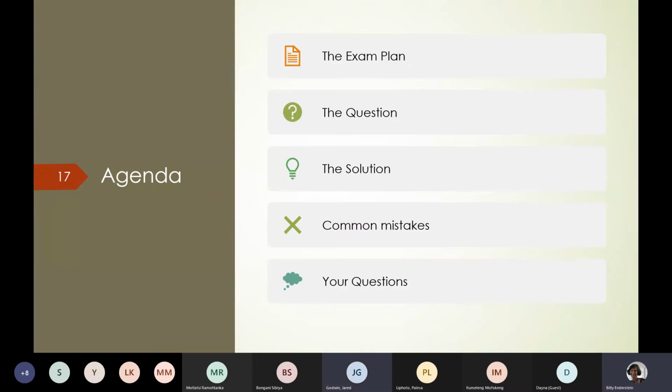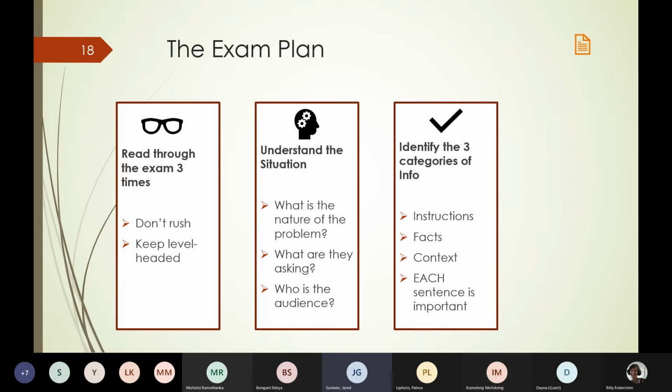Sure. And I wanted to reiterate: the agenda for question 2 is exactly the same as for question 1, in the sense that there's an exam plan, and I'm reiterating it, and then we'll go through the question, the solution, and the common mistakes. So, the exam plan: don't rush through your exam.